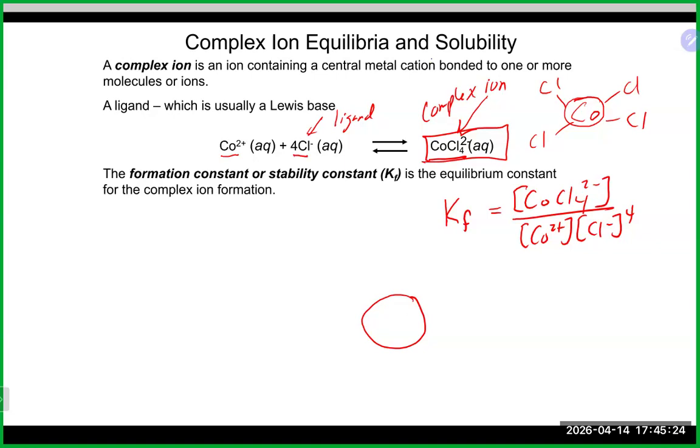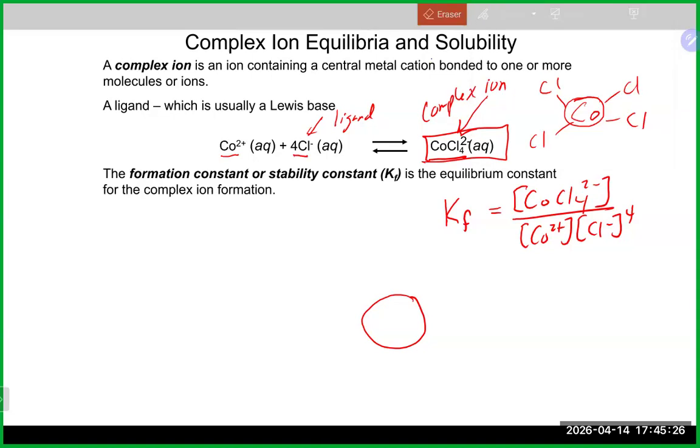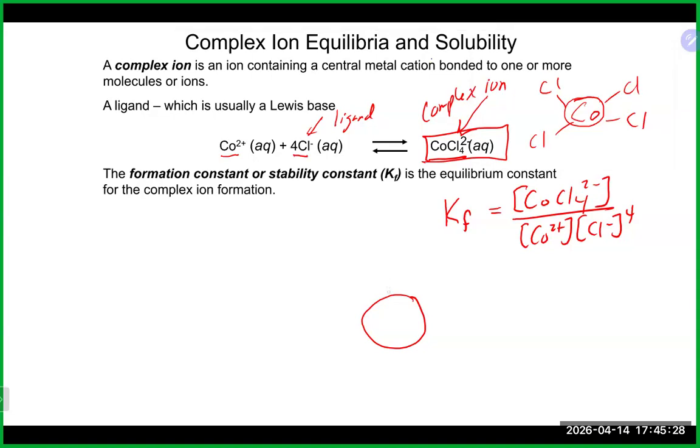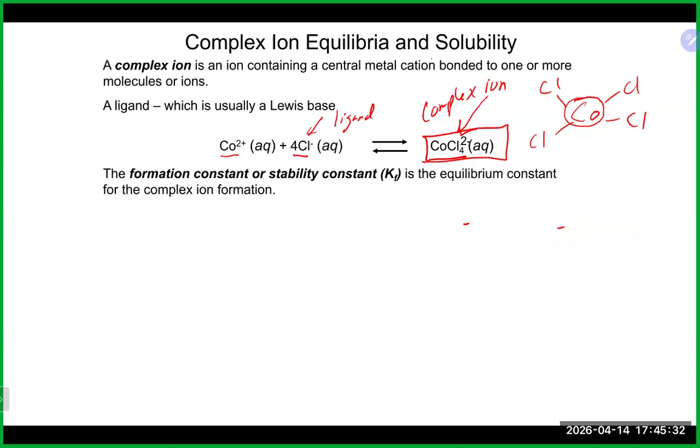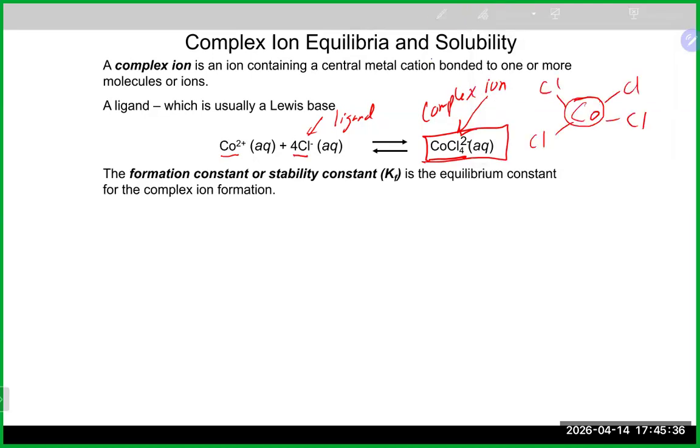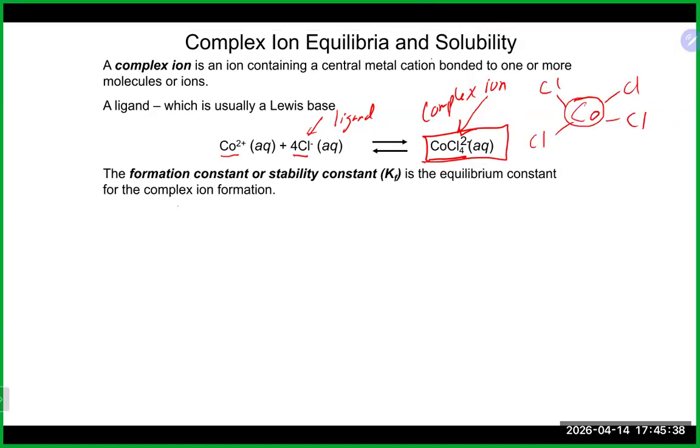The very first thing that would happen is the metal would just pick up one of those ligands. So we'll have some cobalt, it will pick up a chloride, set up a little equilibrium, and we'll get CoCl+.